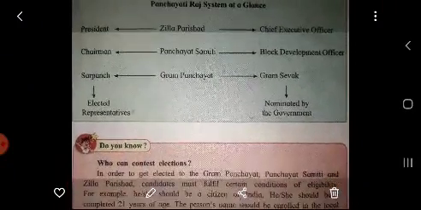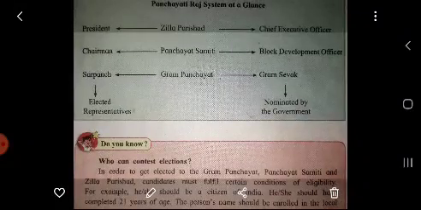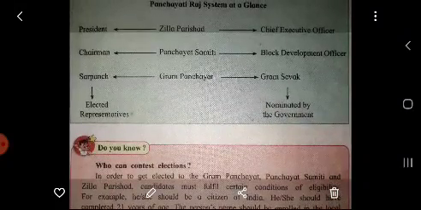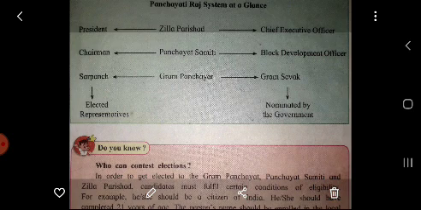Next, just see the Panchayati Raj system at a glance. How does it work? See here, ZP is there. Then ZP, that is the President and the Chief Executive Officer. Panchayat Samiti, Chairman and Block Development Officer. Gram Panchayat, Sarpanch and Gram Sevak.